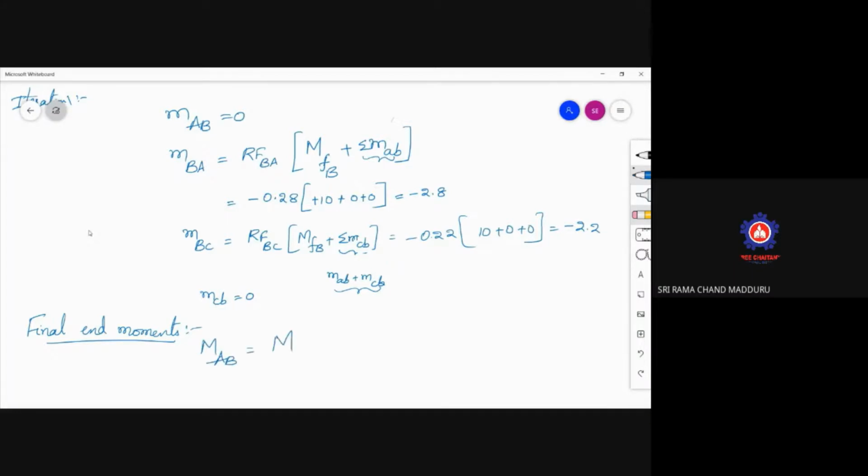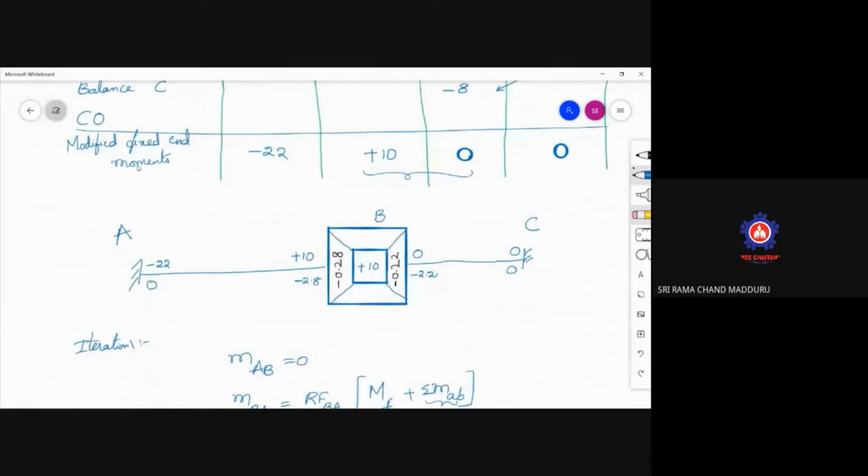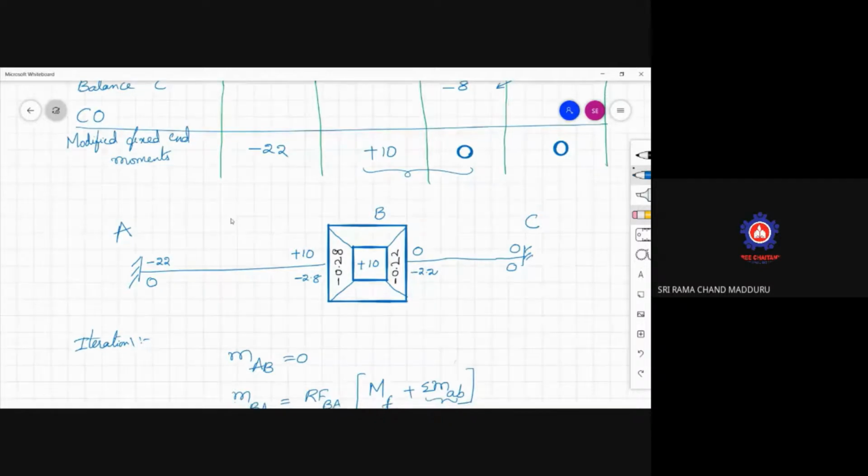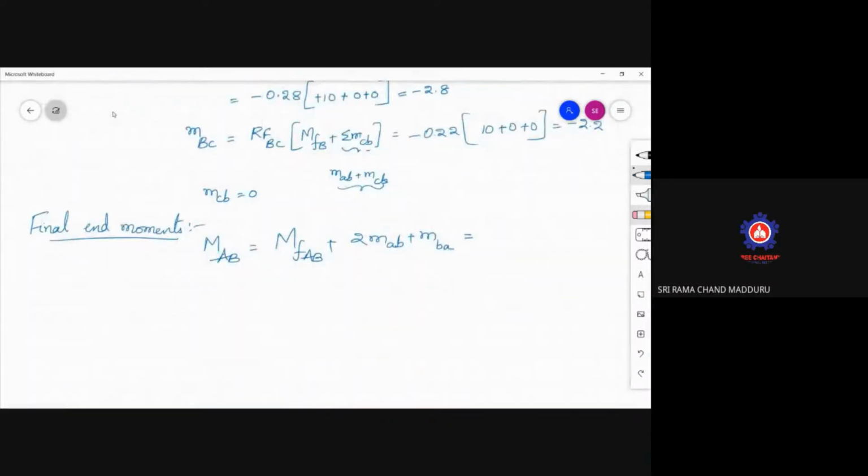MAB is equal to MFAB plus 2MAB plus MBA. So for MFAB, go to the modified fixed end values, not the initial values. We have to consider the modified fixed ends, which is minus 22 plus 2 into 0 plus MBA, minus 2.8.